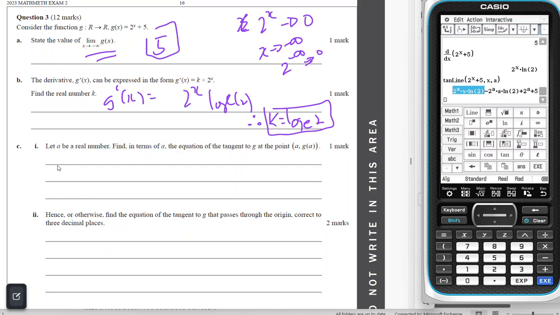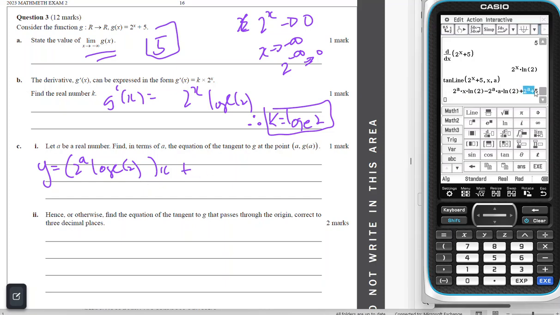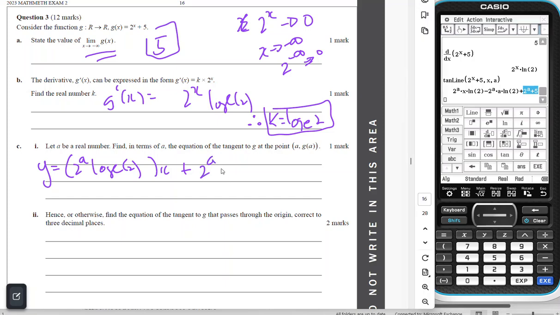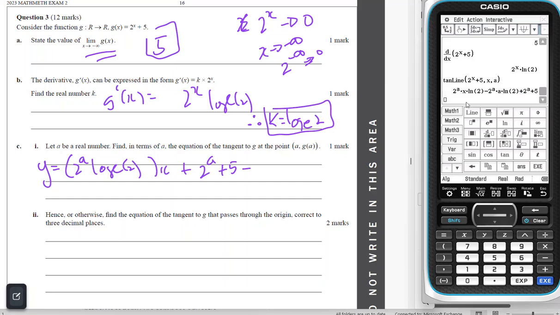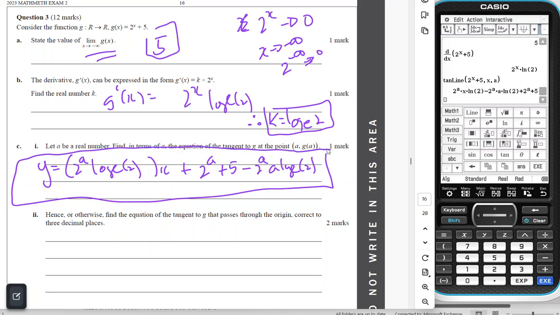So I can write y equals 2 to the a log base e of 2 plus 2 to the a plus 5 minus 2 to the a log base e of 2. Make sure you write it exactly as it is.